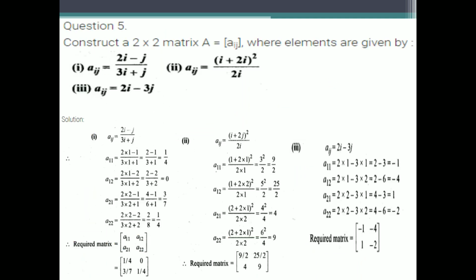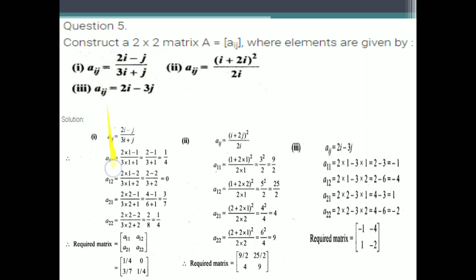Now these types of questions are also important. Construct a 2 cross 2 matrix A equal to aij, where elements are given by aij equal to 2i minus j upon 3i plus j. Clear? You have to do the same thing. If you want a11, a12, a13 like values, meaning you want each and every element, then you need to place the values of i and j.